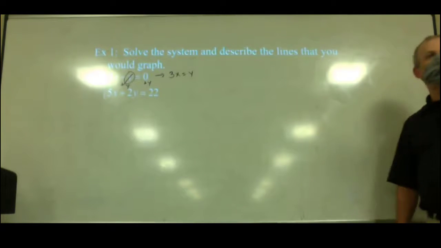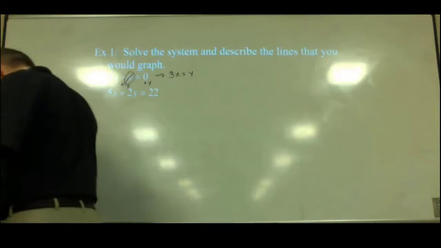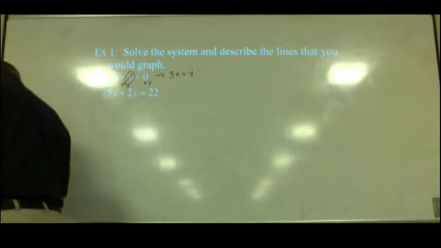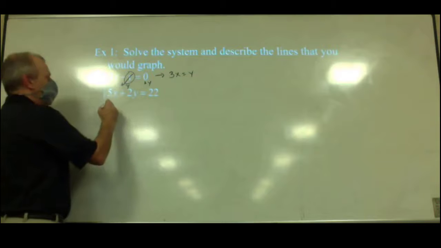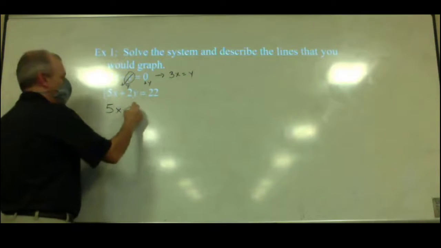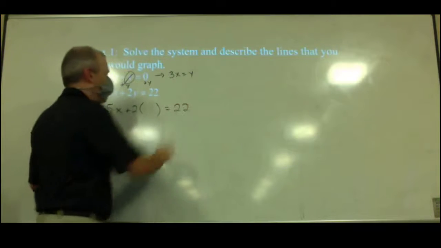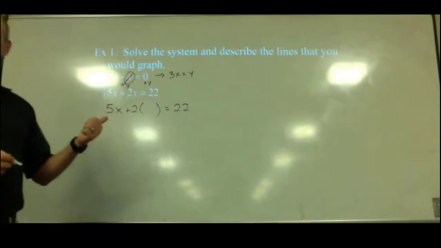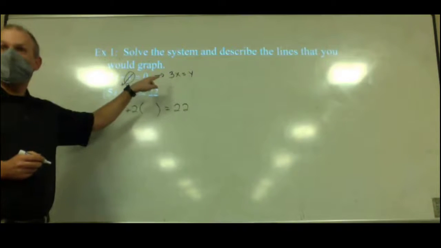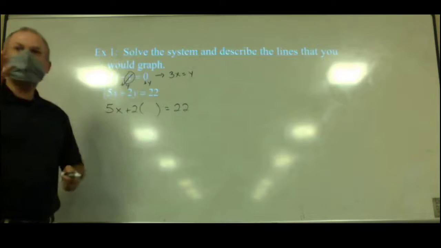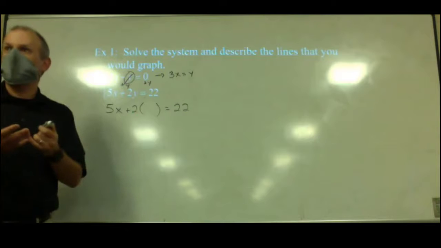Step 2 was to do the substitution. So right here in the second equation, we're going to write down 5x plus 2, and I'm going to put a parentheses in place of the y, equals 22. And what are we going to replace the y with? 3x, because we know that y equals 3x, right? It's like if I give you $1 and I say, can I have 4 quarters? If you have 4 quarters, you're probably okay with that because they're equal, right?